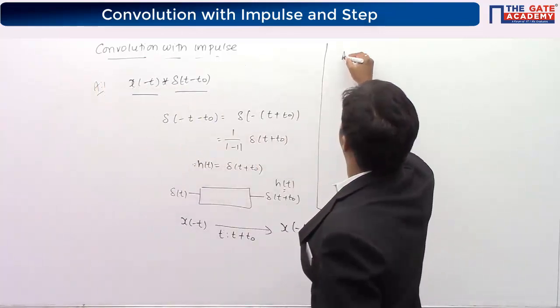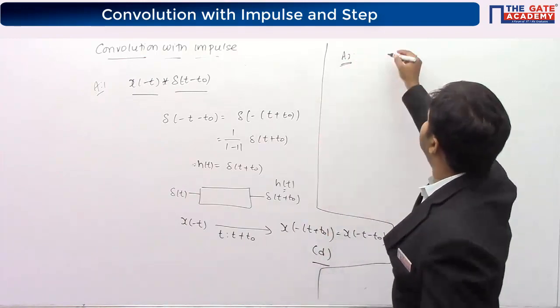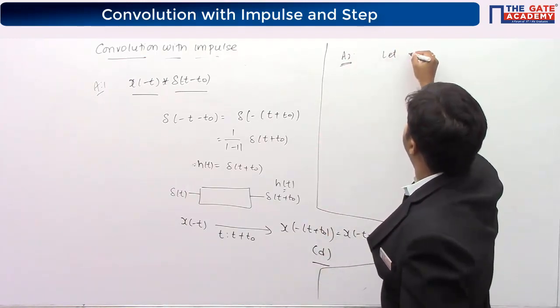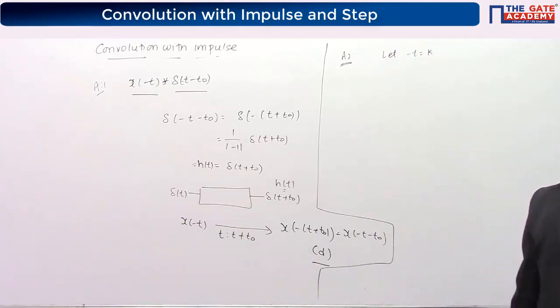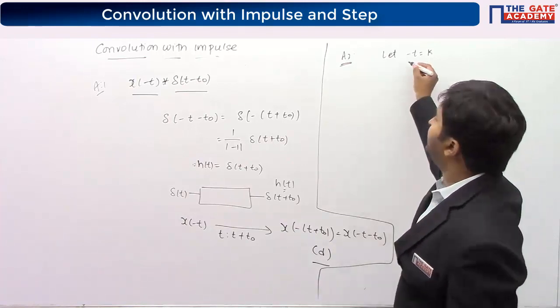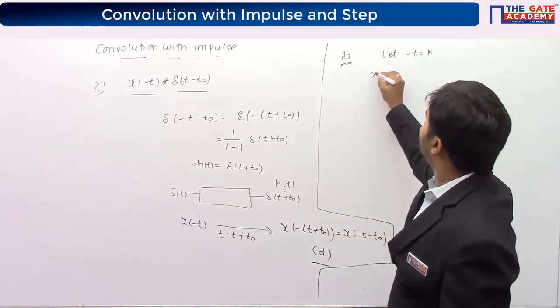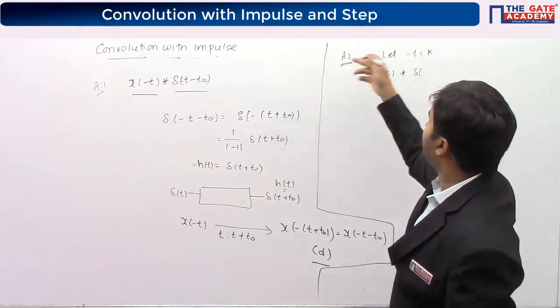The approach 2 of solving it is that, let minus t is equal to some k. If I take minus t is equal to k, then I can write x of k convolved with del of k minus t naught.